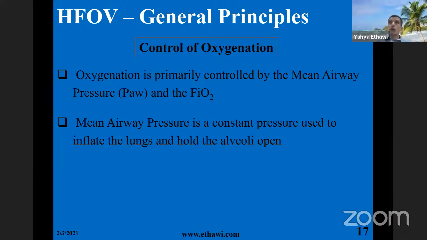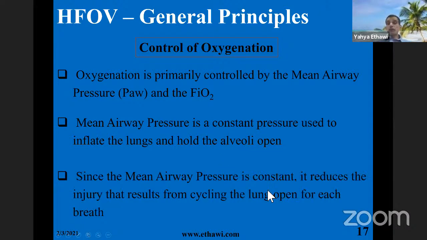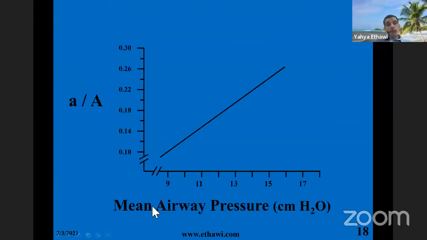And therefore our alveoli are always open. Since the mean airway pressure is constant, it reduces lung injury because we are not causing hyper and hypoinflation with each breath. So the mean airway pressure and the oxygenation are actually constant, and the alveoli stay open.